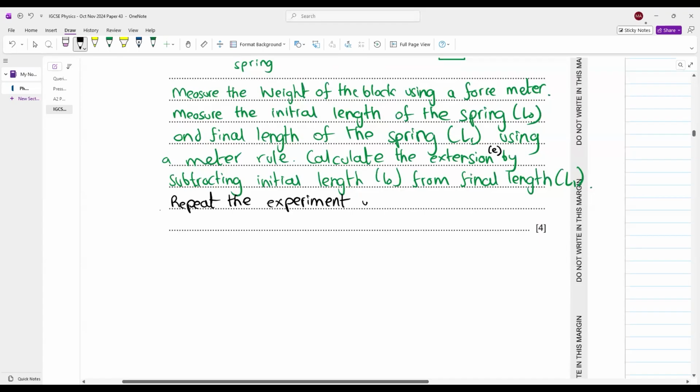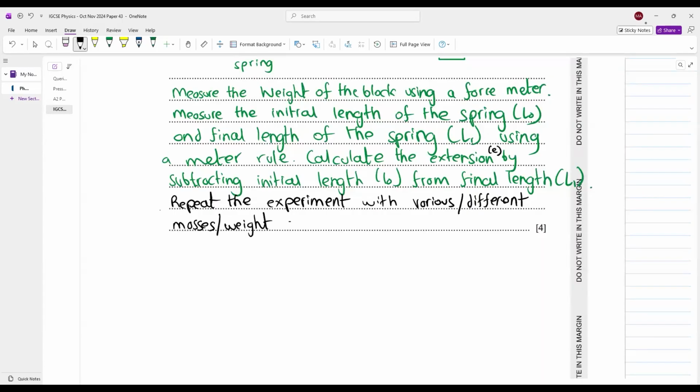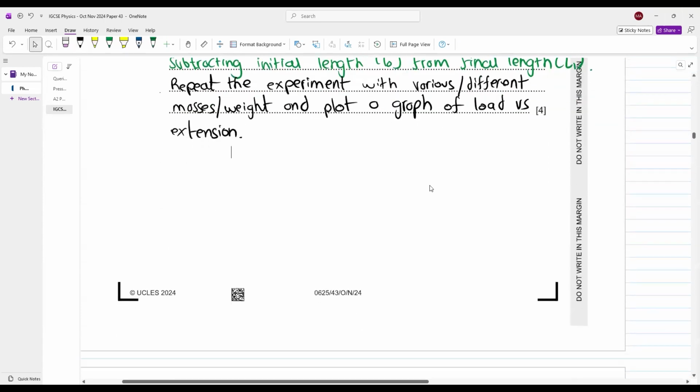Repeat the experiment with different masses, or you can say weights as well, and plot a graph of load versus extension.